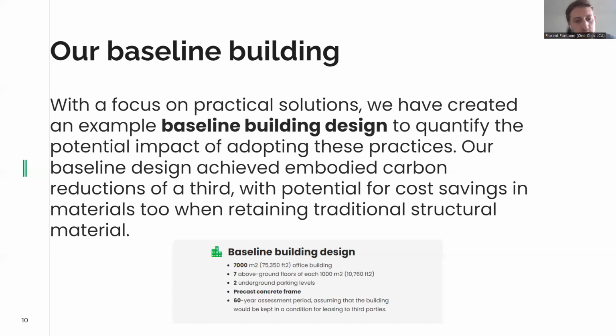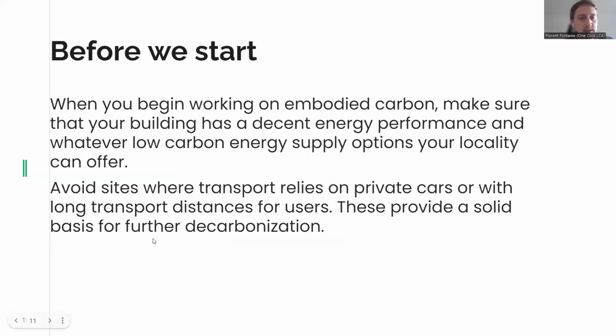It has 7 above ground floors of 1,000 square meters each and 2 underground parking levels. It is done in precast concrete frame, and the service life of the building is 60 years. I mentioned last week that 60 years is a very usual lifetime for a building. So basically, we started with 60 years for this baseline.